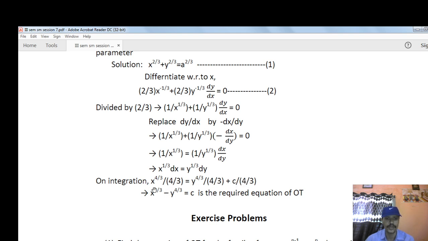Multiply throughout by 4 by 3, everywhere 4 by 3 gets cancelled. x to the power of 4 by 3, bring this to left hand side, minus y to the power of 4 by 3 is equal to c, and this is the required equation of OT.